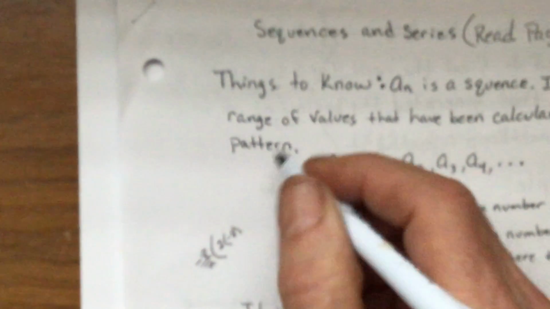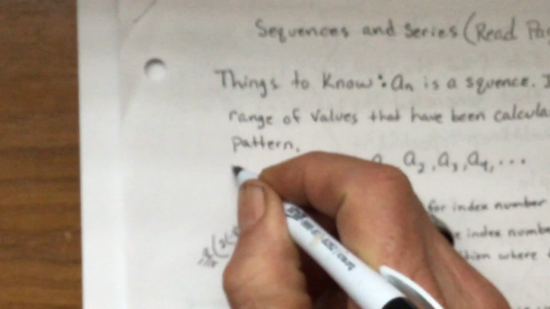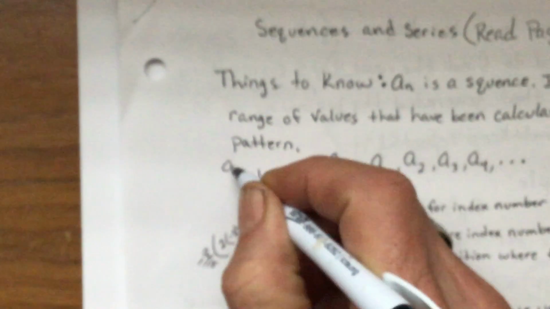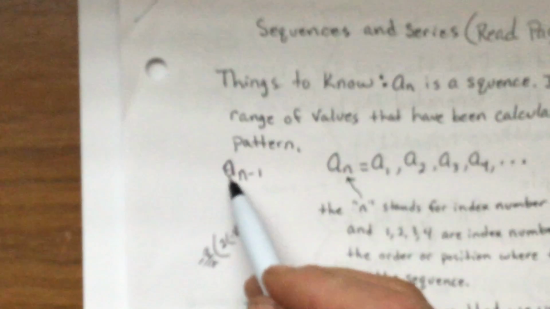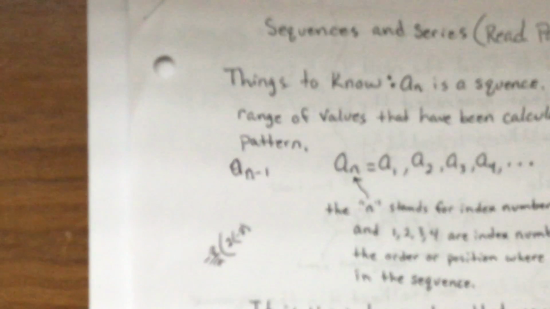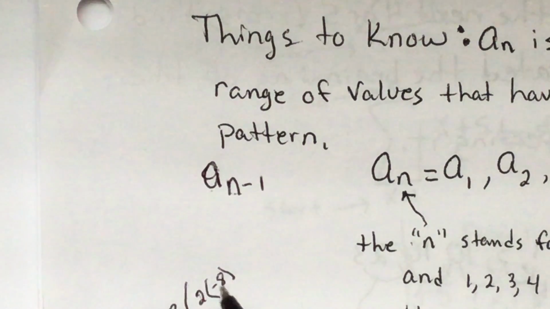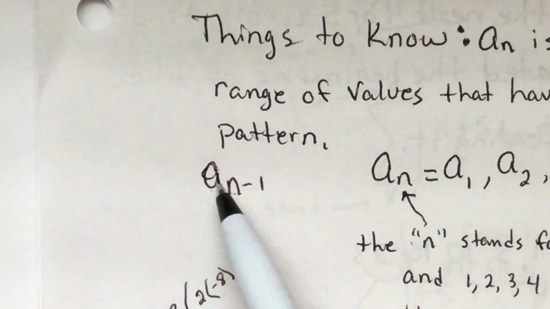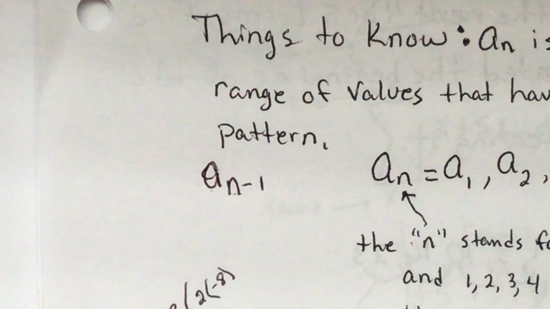When you see something that looks like A with the subscript n minus 1, what that is saying is use the previous value in the list.